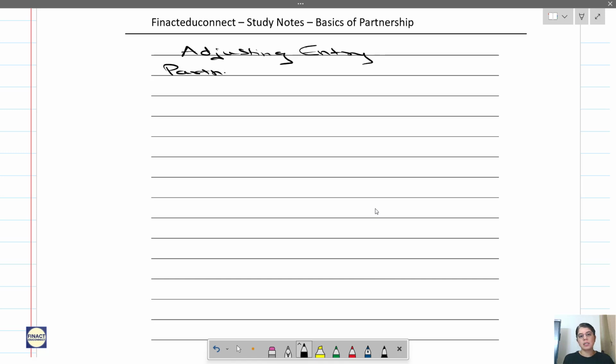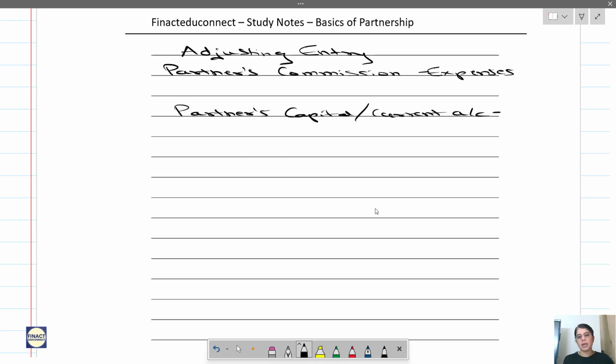One is partner's commission, which is an expense. And the second account affected, see, it is to be given to partners. So partner's capital or current account. It is again a liability for the firm, an internal liability.